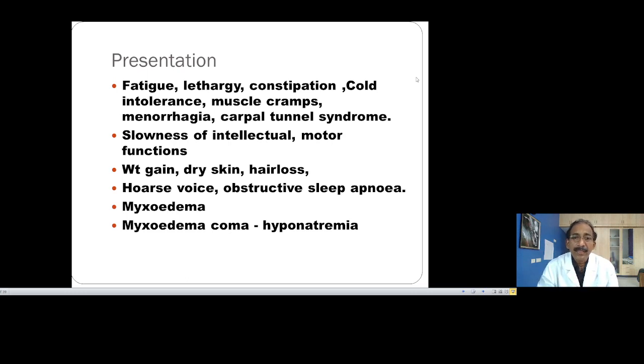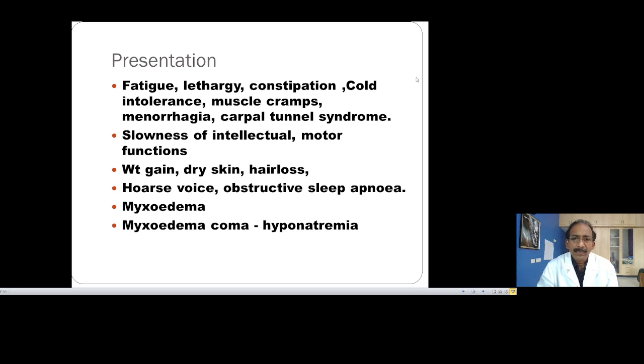Slowness of intellectual and motor functions, and suddenly they are not performing well in school or college or in their regular profession. So the weight gain, of course, and look for dry skin. Sometimes the dermatologist may be worried, thinking it is ichthyosis, with dry skin and hair loss.